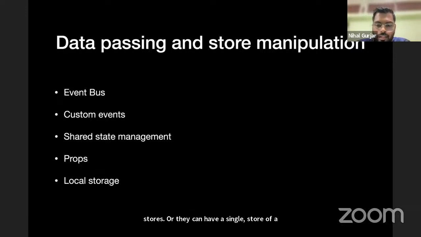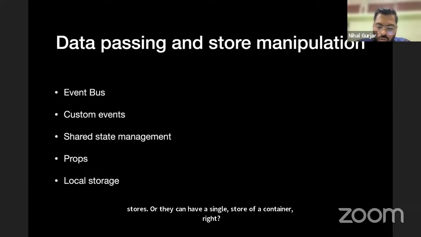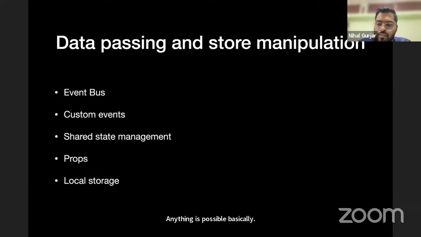Anything is possible. A micro frontend might have its own Redux store and communicate with it. If you want to share that store data between the components, you can use multiple things, like passing it using custom events. You can use local storage.